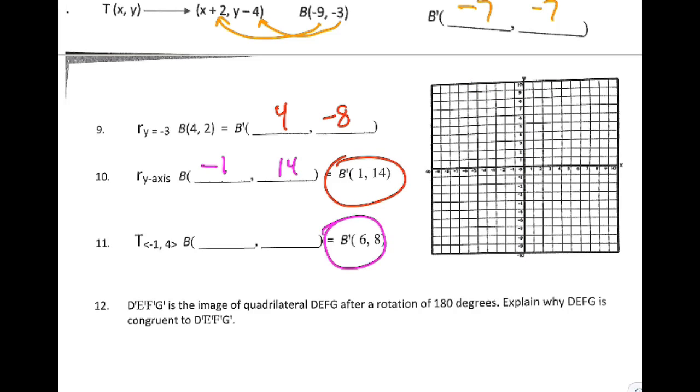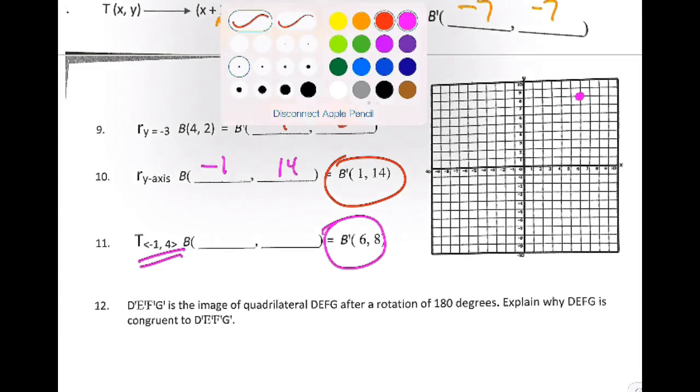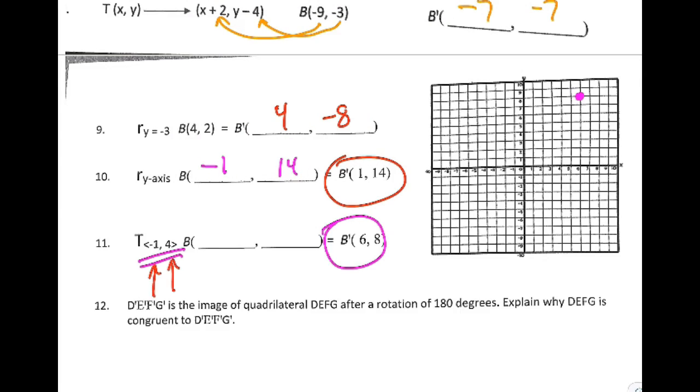After a translation, you landed at 6, 8, which is right here. That was after you moved -1, 4. Where did you start after moving -1, 4? You can just add 1 and subtract 4 to find out where you actually started. So if you add 1, you would be at 7. If you subtracted 4, you'd be at 4.